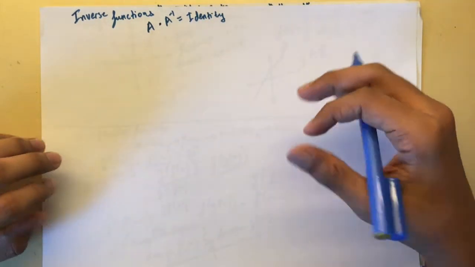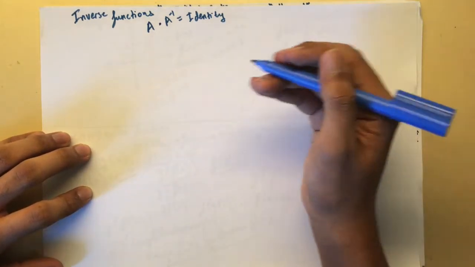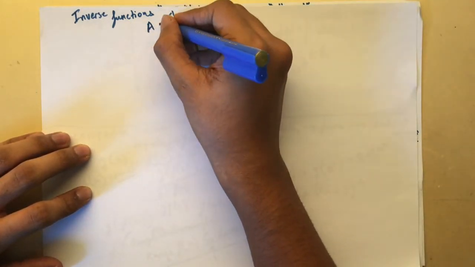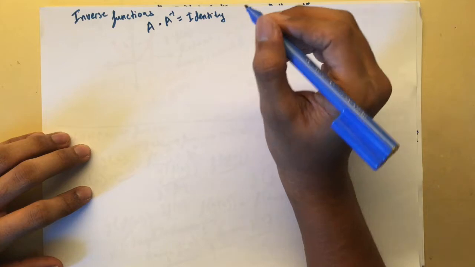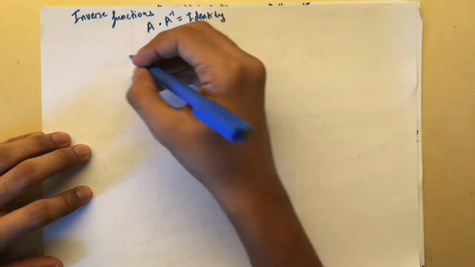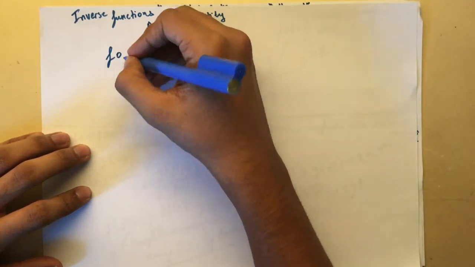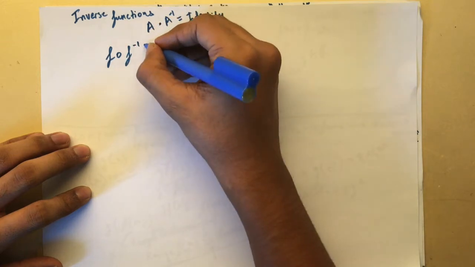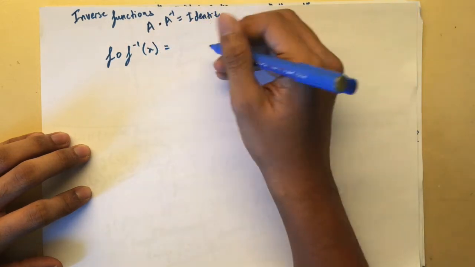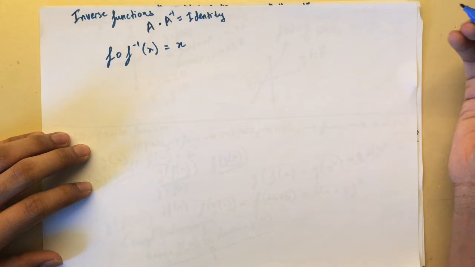So in terms of functions, this is how we would define what an inverse is: the operation is the composite and the identity would be just having x itself. So we would say that the composite of f of x and the inverse of f of x would give us the identity, which would be x itself.